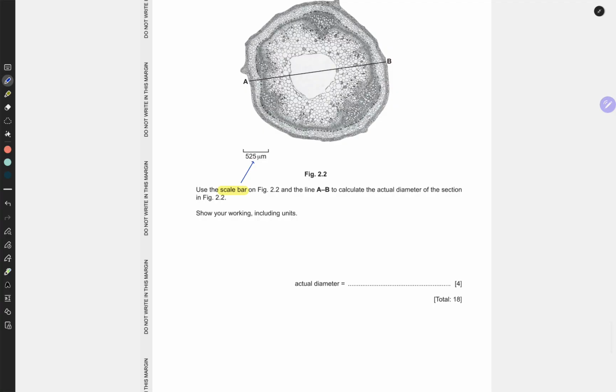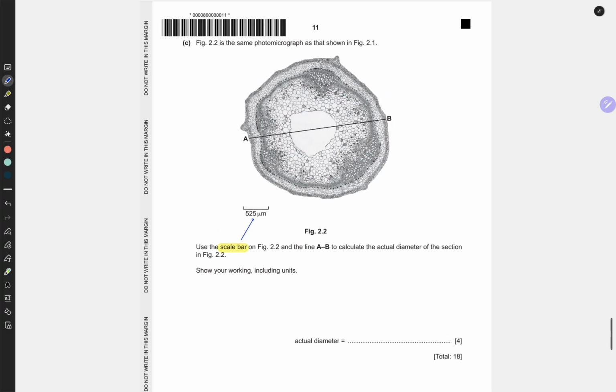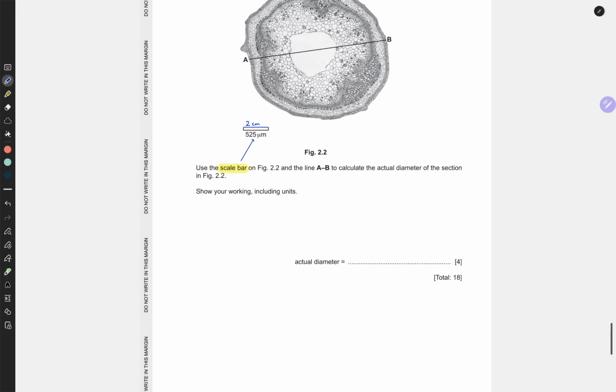Show your working including units. Then you will take your ruler, place it right on this scale bar, and check how many centimeters it is. For example, I got 2 centimeters.